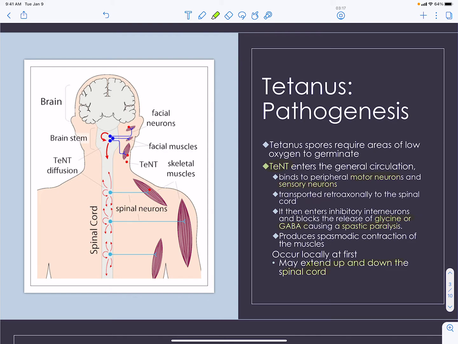Now, the toxin is going to act at the anterior horn cells in the spinal cord.